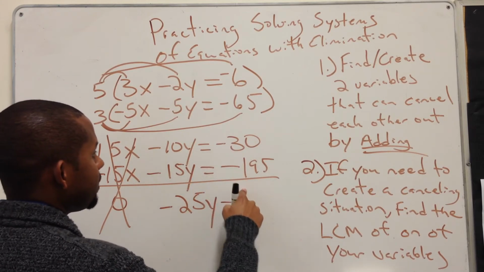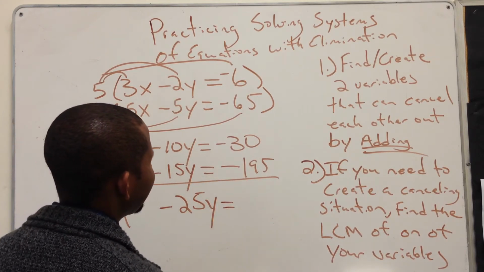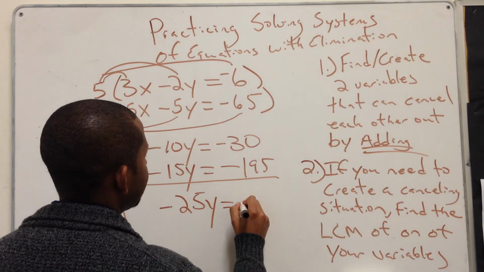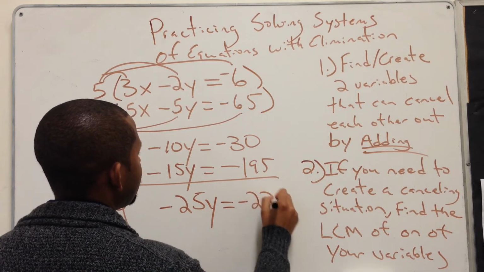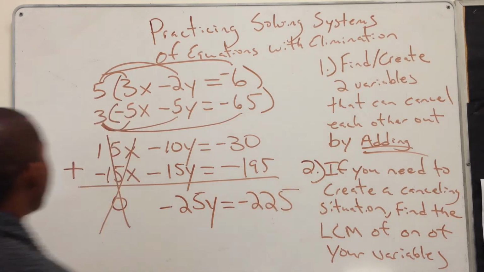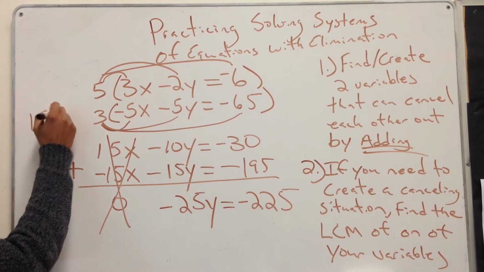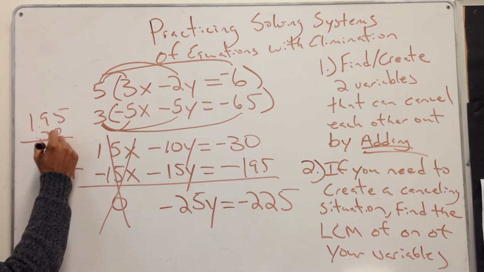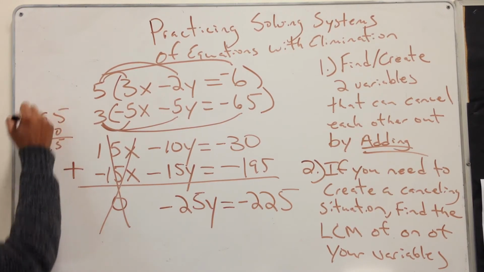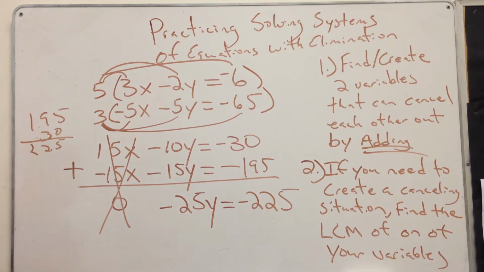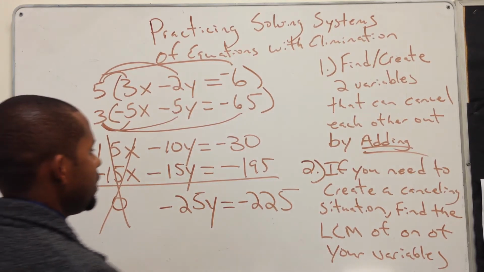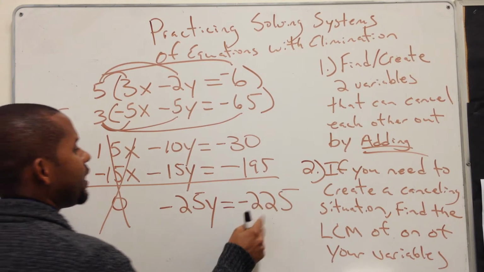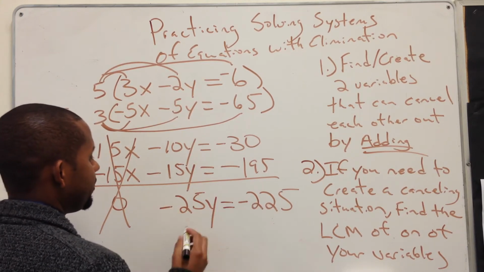Negative 30 plus negative 195, I believe, is negative 225. But let me not guess. 195 and 30, 5, 12, yep, 225. So now I end up with negative 25y equals negative 225.